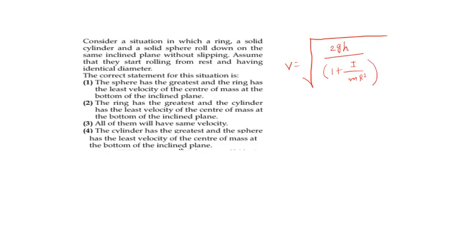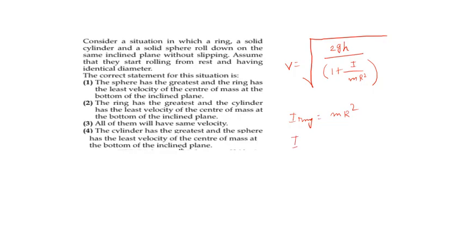You see that the velocity will be maximum for that object for which I is minimum, because I is in the denominator here. So the object having the greatest I will have the least velocity. So for this ring, solid cylinder and solid sphere, for the ring we know I ring is given by mr square.